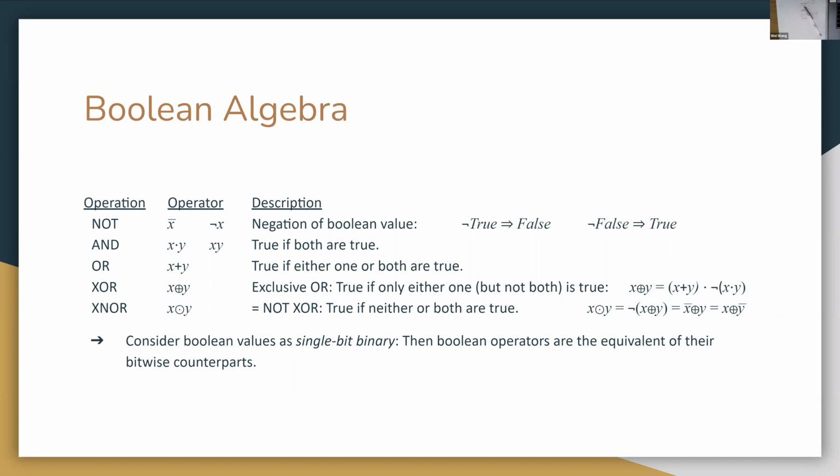So yeah, a lot of times you can consider Boolean values as single-bit binary. You're just dealing with a single bit, and you can't do carry over to a second bit. There's no more than 1 bit. That's how Boolean stuff works, right?